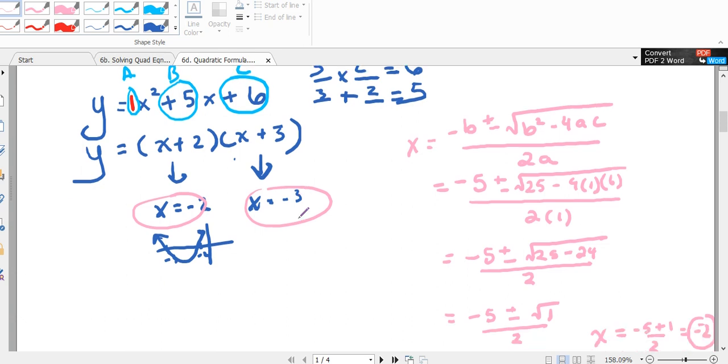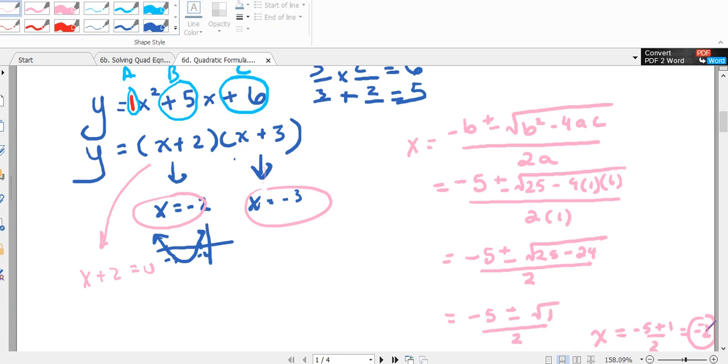For those of you who got in the habit of looking at the factors and changing the signs, I warn you to always keep in mind that it's not just switching the signs. What you're doing is solving for x plus 2 equals 0. Okay? Because if you keep convincing yourself you're just switching the signs, you're going to get confused. When you find the x-intercept here, and it says x equals negative 2, that is the x-intercept.